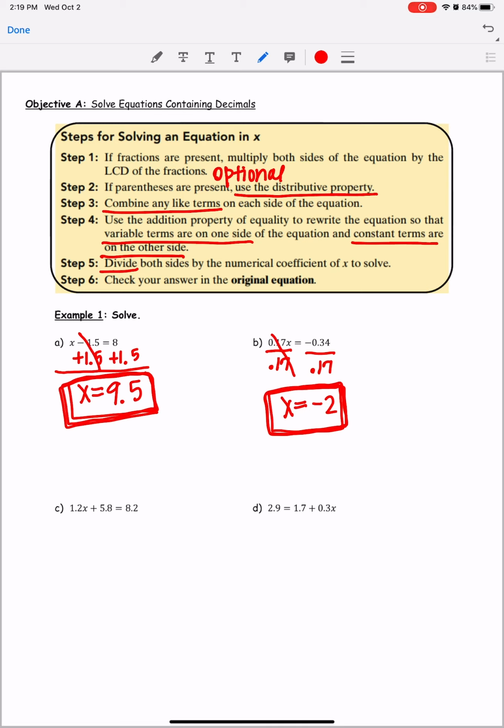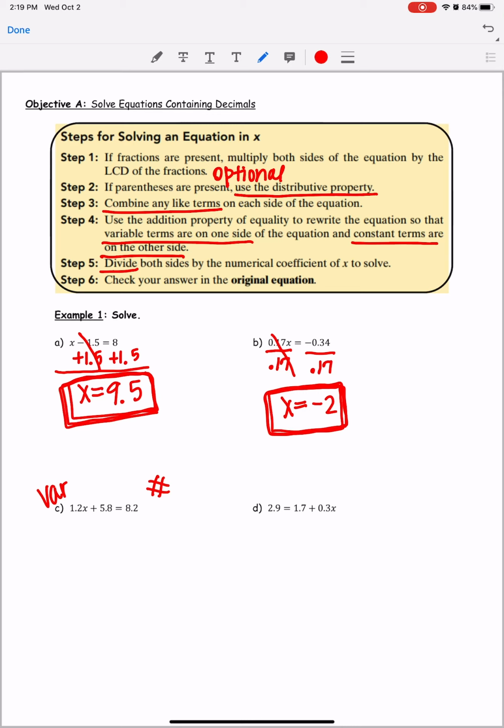Okay, so these were both one-step equations. So now let's go to two-step equations. On C, we've got 1.2x plus 5.8, and that equals 8.2. So we're on this step right here. I need to get my constant term on one side, my number, and my variable term on the other side. So I have my variable term over here, right? Variable over here. So we need to get our number, our constant, over here.